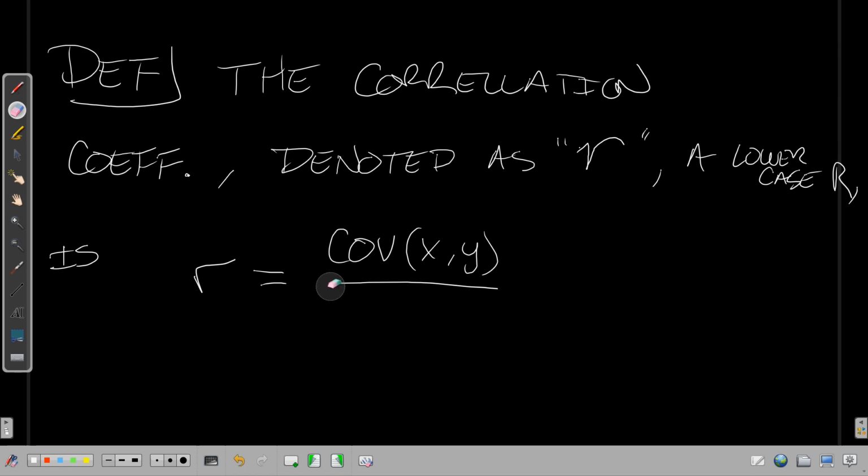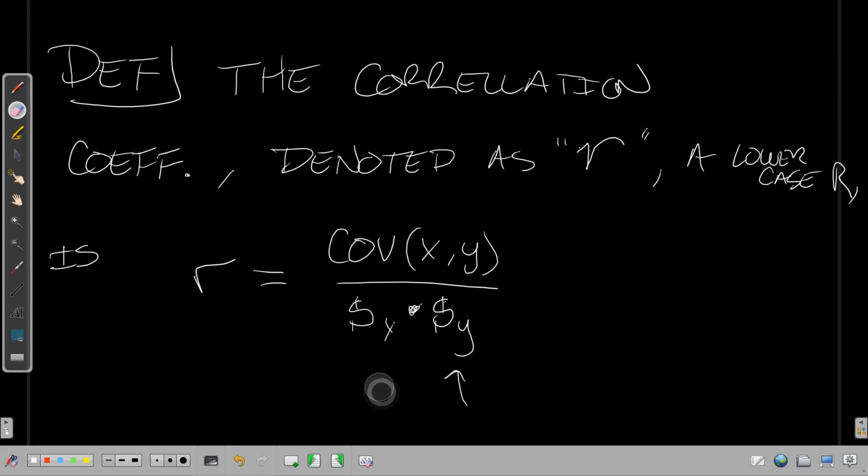the sample standard deviation in the x direction times the sample standard deviation in the y direction. You just take the x data, find its sample standard deviation. You take the y data, you find its sample standard deviation.